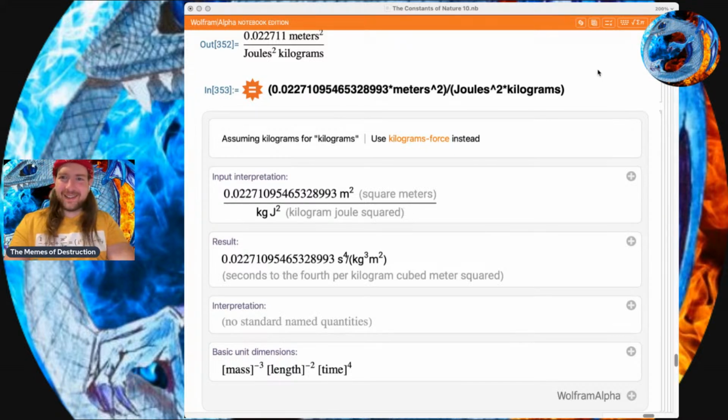Hold on. Meters cubed moles minus 1 gives us a length cubed and amount minus 1. Cubic meter per mole.